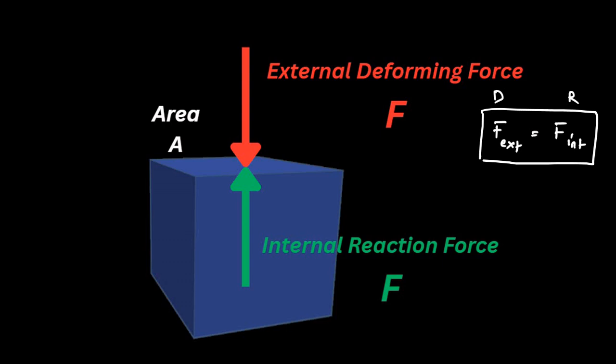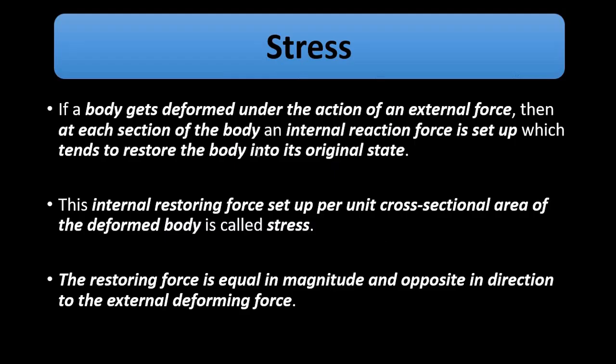So that's why always stress is written as the applied force by area, but in reality it is actually the internal reaction force in the opposite direction divided by area. So stress is the reaction force to the externally acting deforming force. Both are equal in magnitude. So that is what stress is.